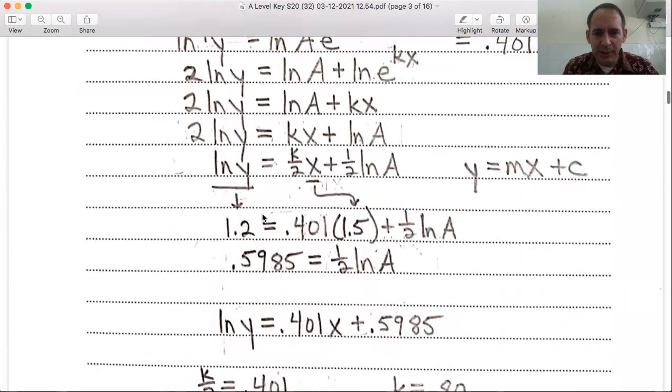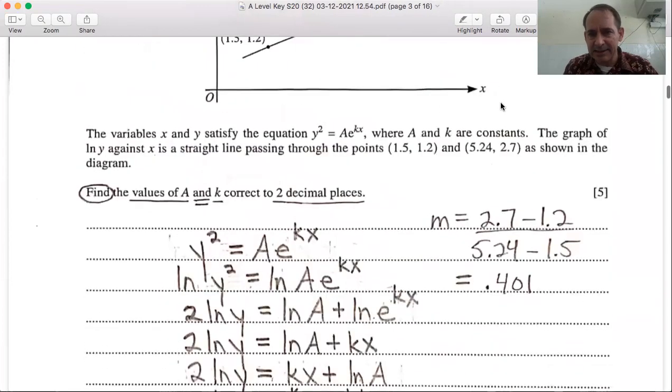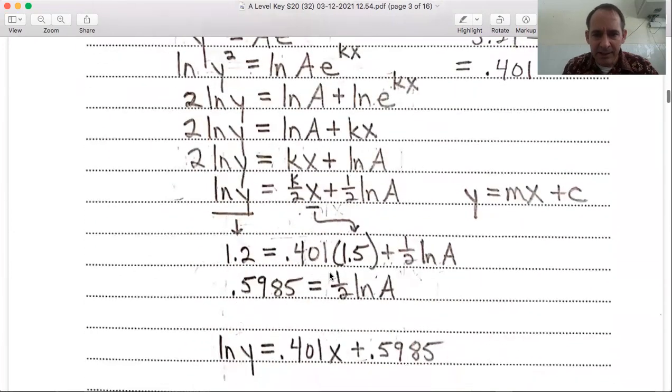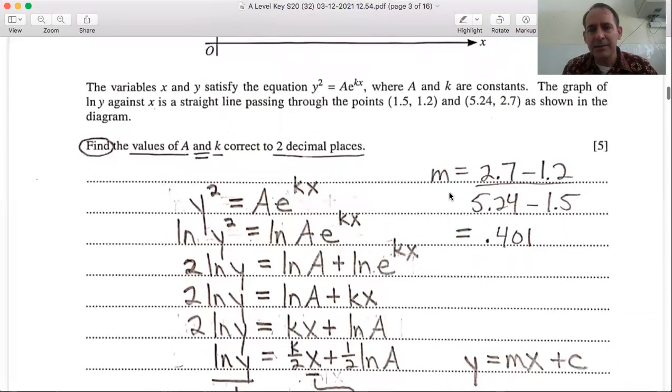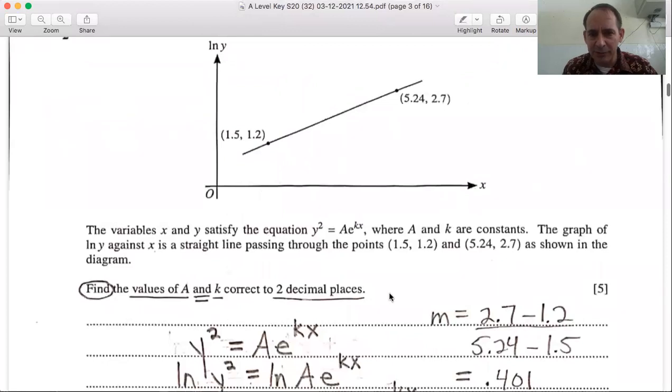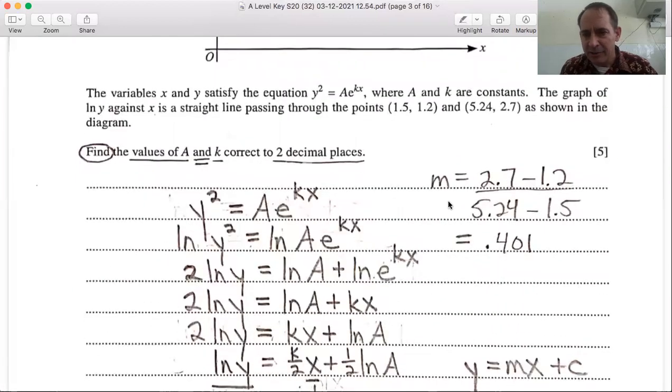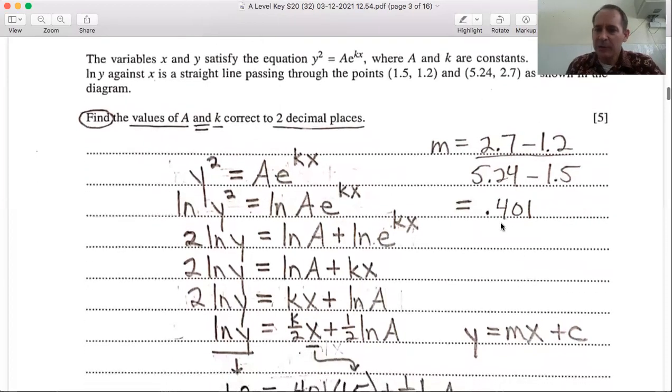So this is 1.2, your x is 1.5. This is the x-axis here. And then your slope, you can figure out manually using your change in y over change in x formula, your simple algebra formula for slope, y2 minus y1 over x2 minus x1. And we see that the slope is 0.401.